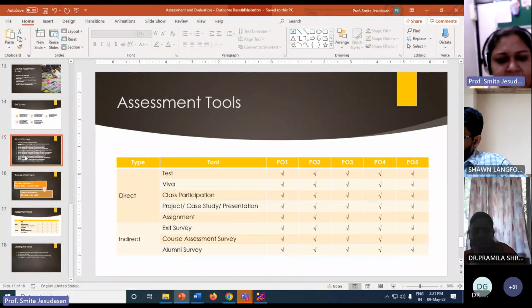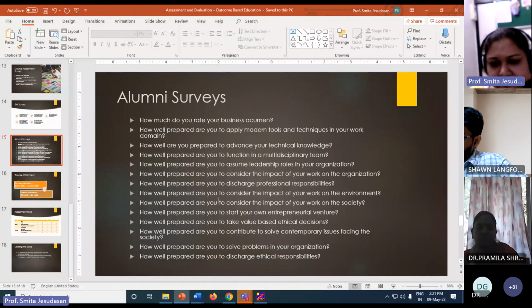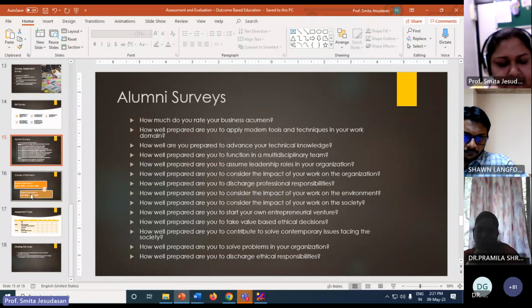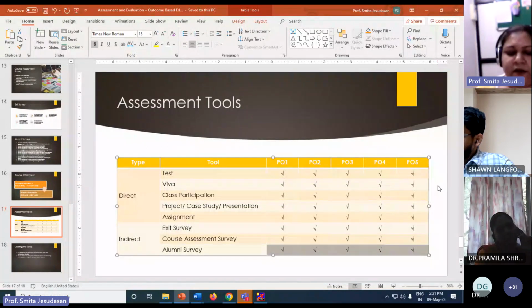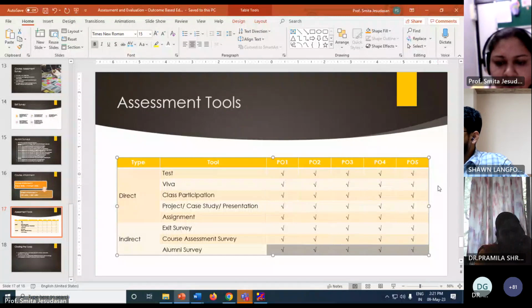If you see the questions that are shared, here it is considering all the program outcomes. So therefore, I have put a tick mark for all the program outcomes. But it may meet some program outcomes, it may not meet some. So it depends upon you whether to map it to a particular program outcome.